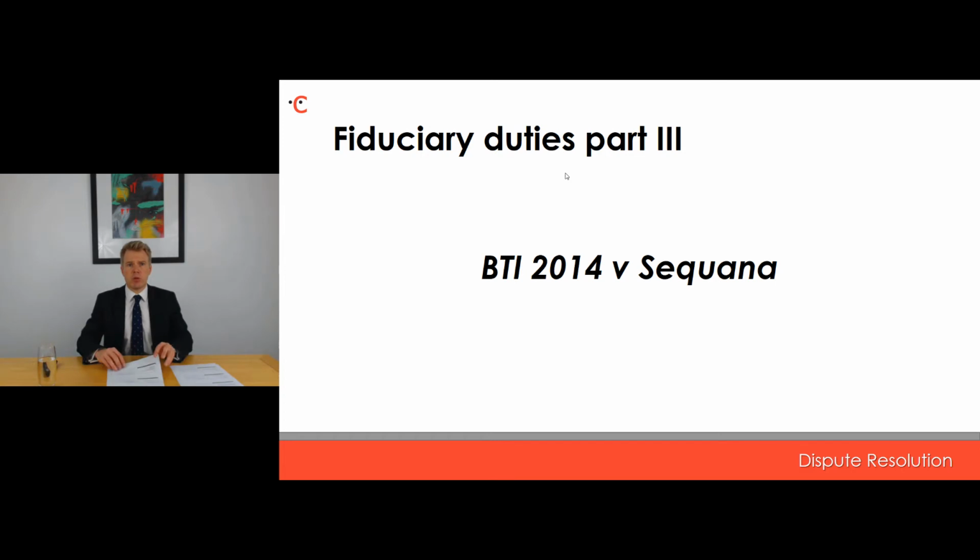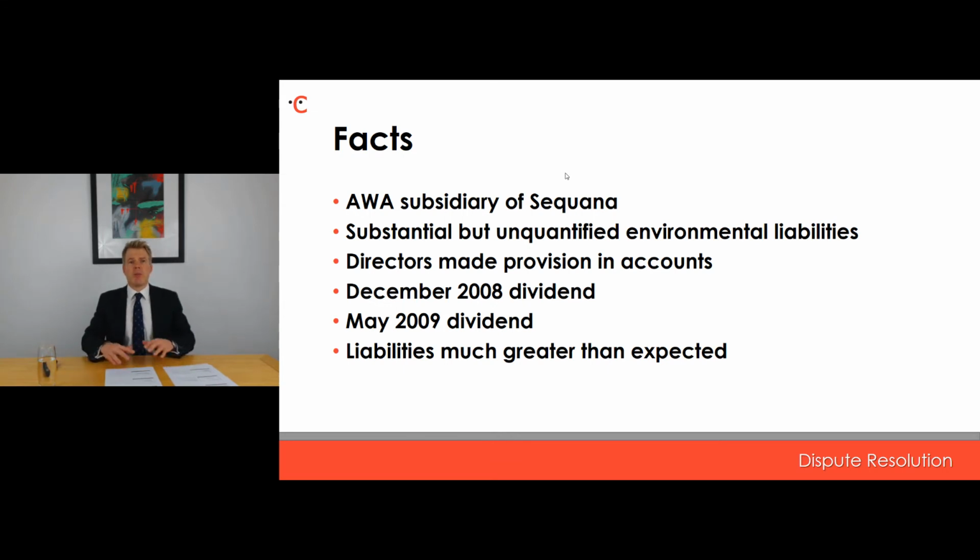My final case that I'll talk about in the context of fiduciary duties is this one, BTI 2014 and Sequana. This is actually an enormously complicated piece of litigation. The full judgment is about 173 pages long. So for today's purposes, I'll very much simplify the facts.